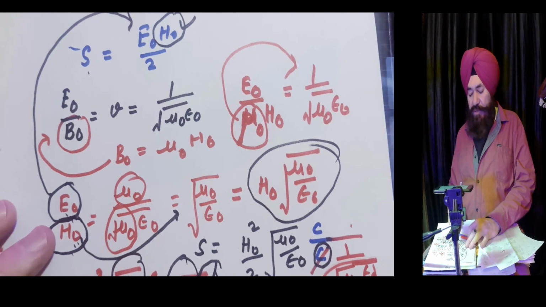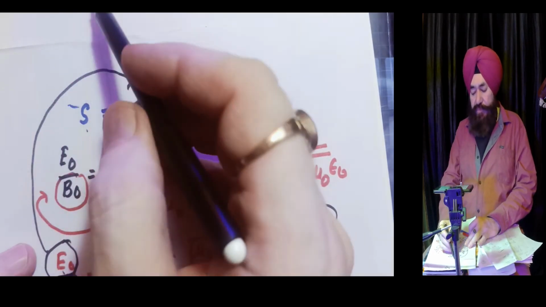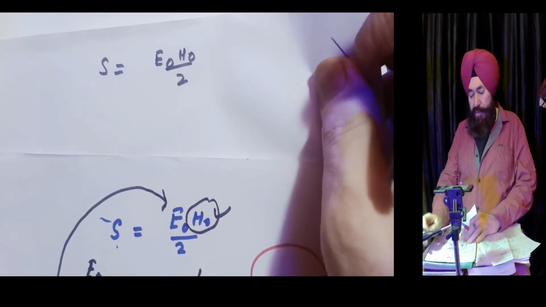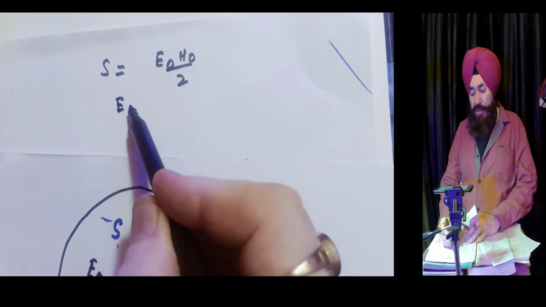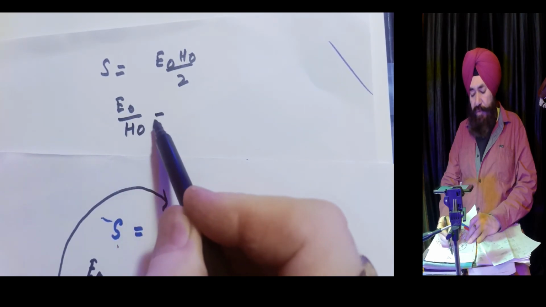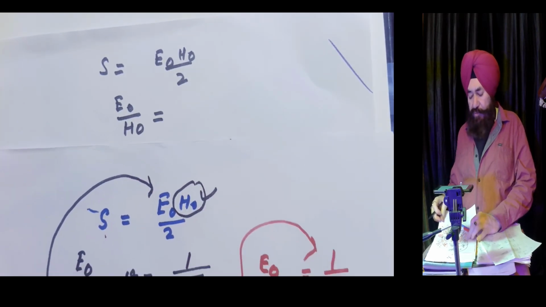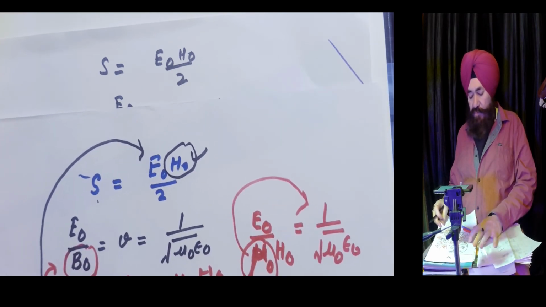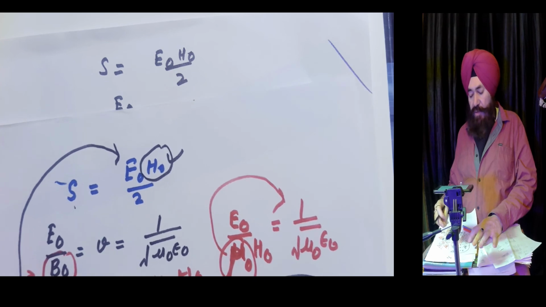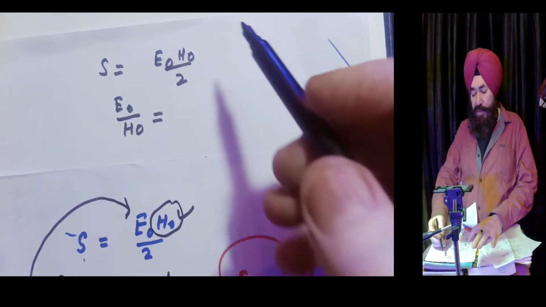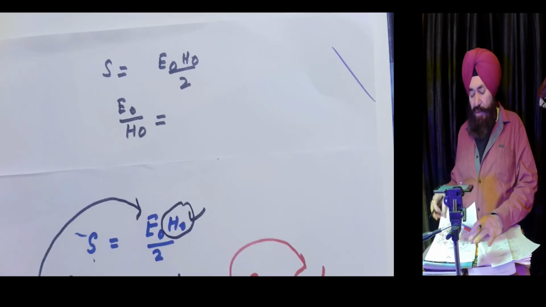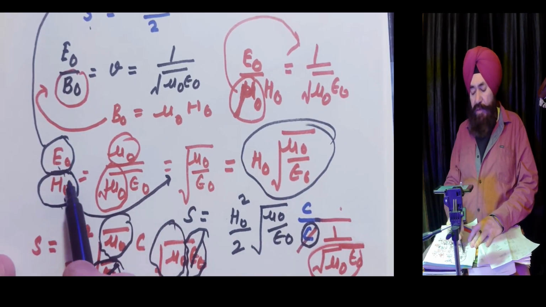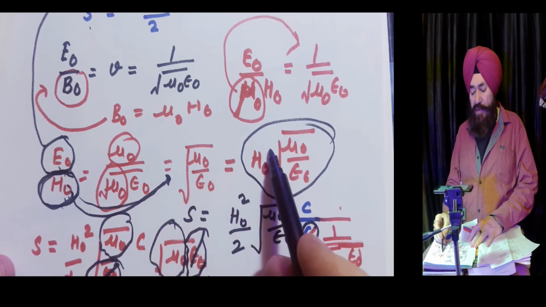So E naught upon H naught is equals to, from here this H naught is taken to this side.